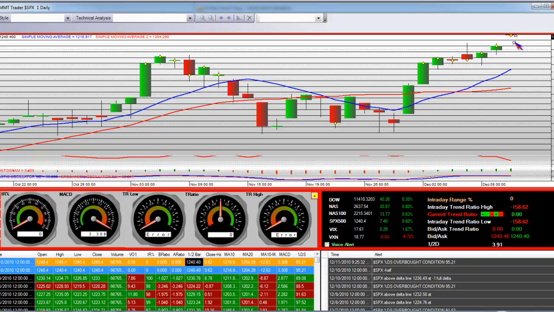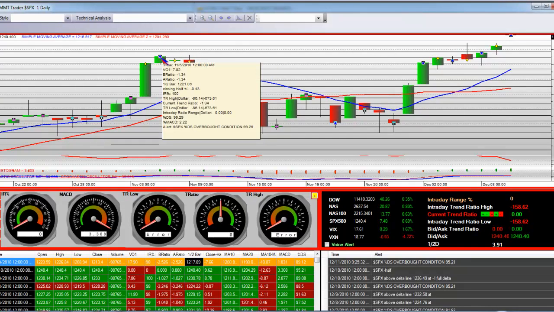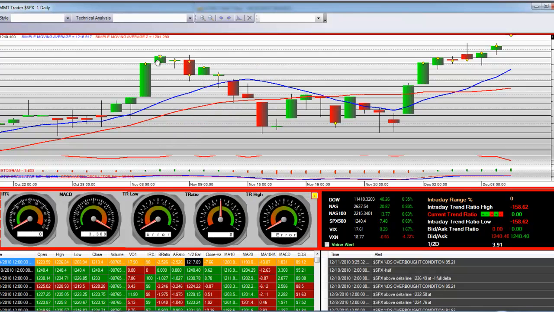So when we pull back, we want to see where the buyers are going to step in. If we pull back to where these reversal highs were over here in 11.9, and that particular high that was put in right here on 11.5, that high was 1227 on the S&P, and this high right here, this wick and this bar, the high on 12.7, you can see the high was 1235.